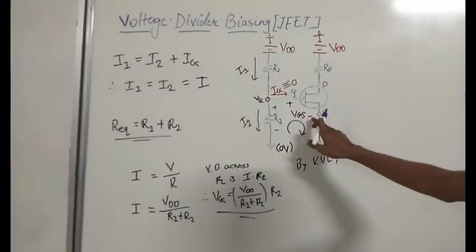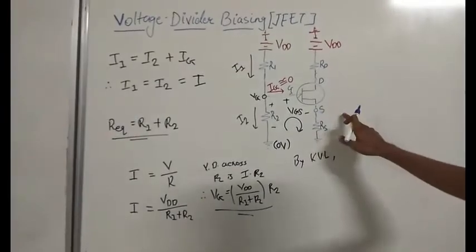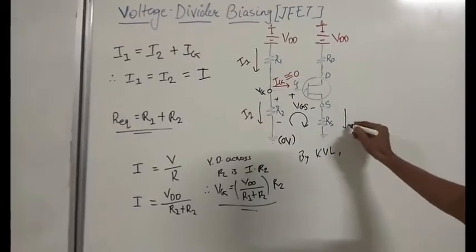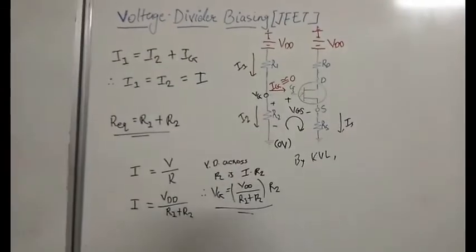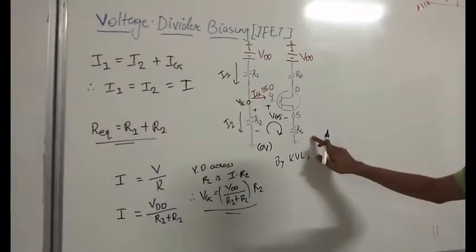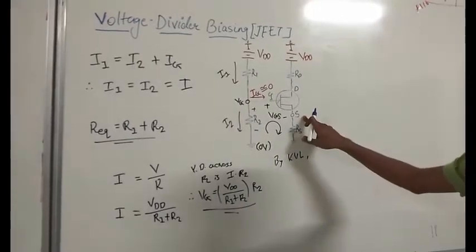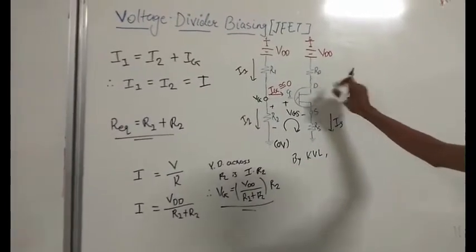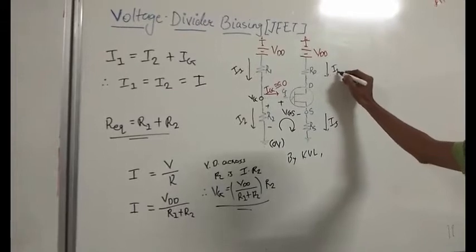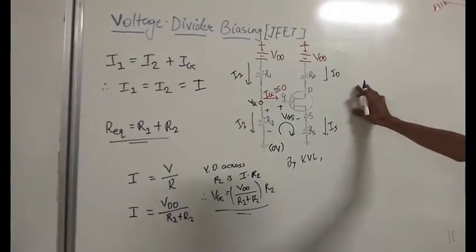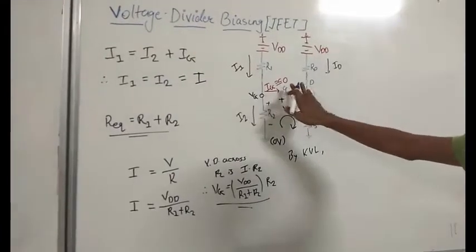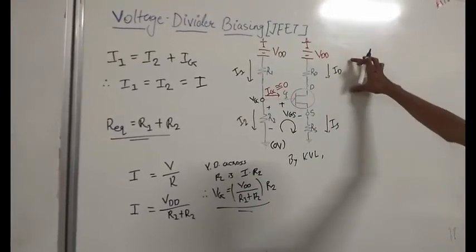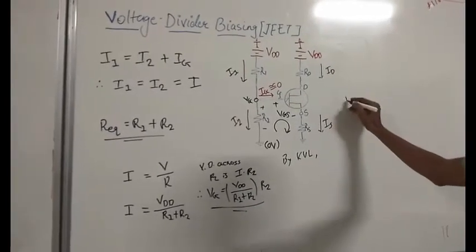And the polarity across here is this, and the current across RS is IS. So now the current across RS is the source current, so I can write here IS. Here is the drain current, so I can write here ID. But here you can see that this was 0, no current. So the current fully ID was here, so I can write that ID is equal to IS.